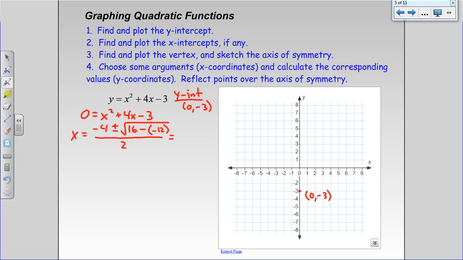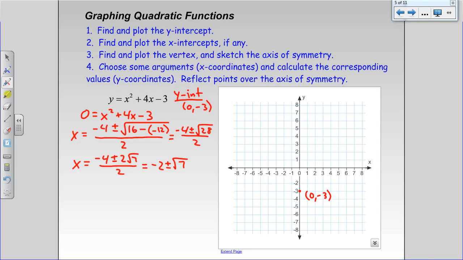Simplifying a bit, we have -4 plus or minus the square root of 28 over 2, which is equivalent to -4 plus or minus 2 times the square root of 7 over 2. And then finally, simplifying using the distributive property, we have negative 2 plus or minus the square root of 7 for our x values.